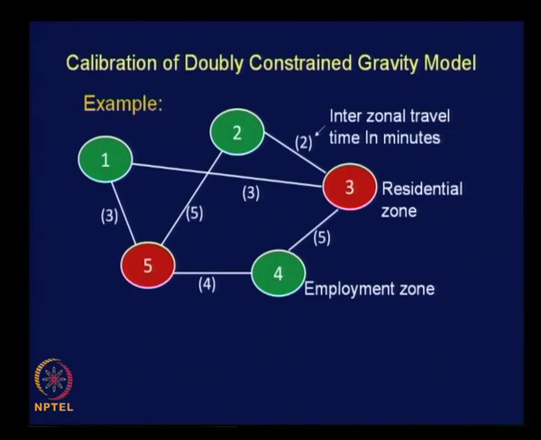The numbers shown in parentheses between the zones are the actual travel time in minutes for movement from one zone to other.